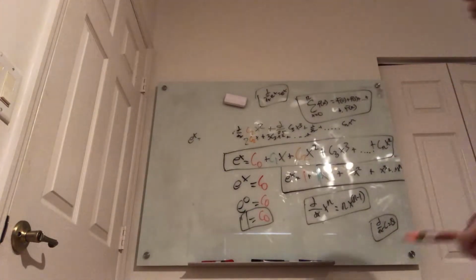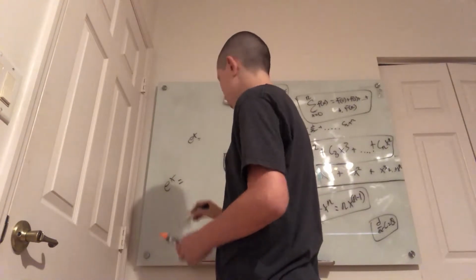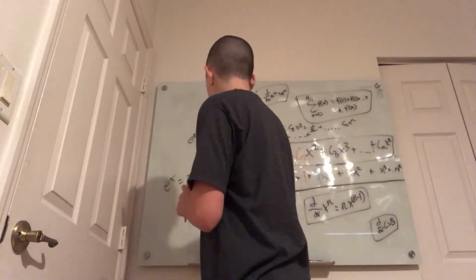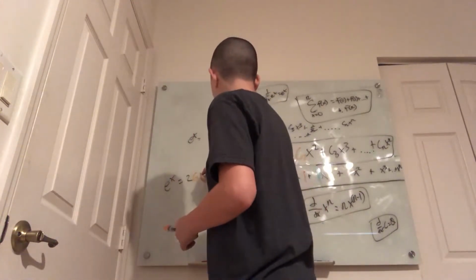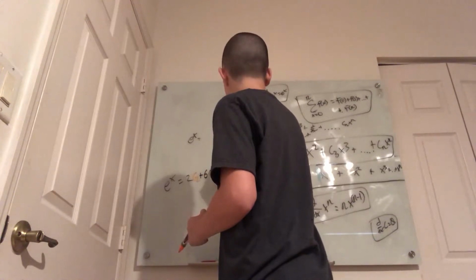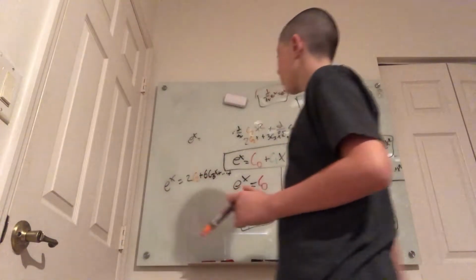Well, if we find the derivative again, we use the power rule, and e to the x is just equal to 2 times c2 plus 6c3x, and so on.